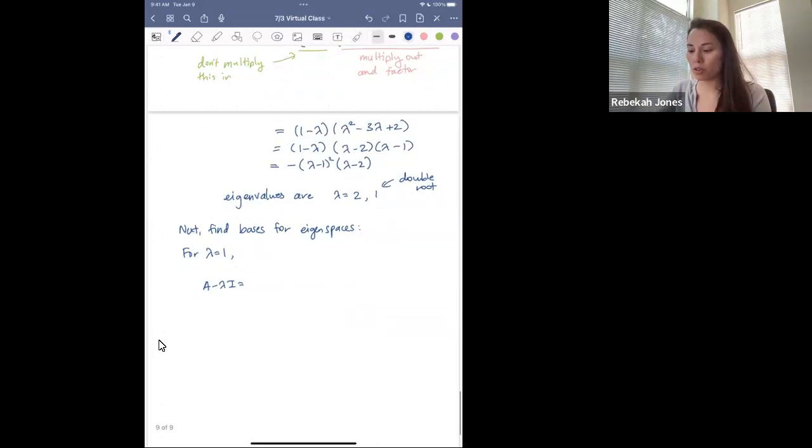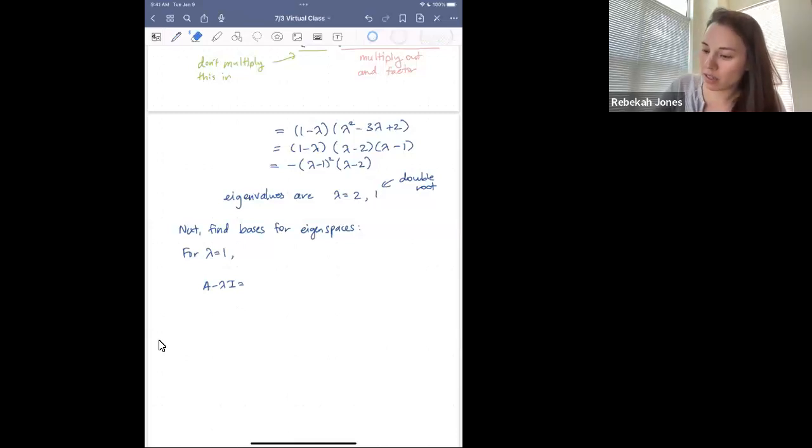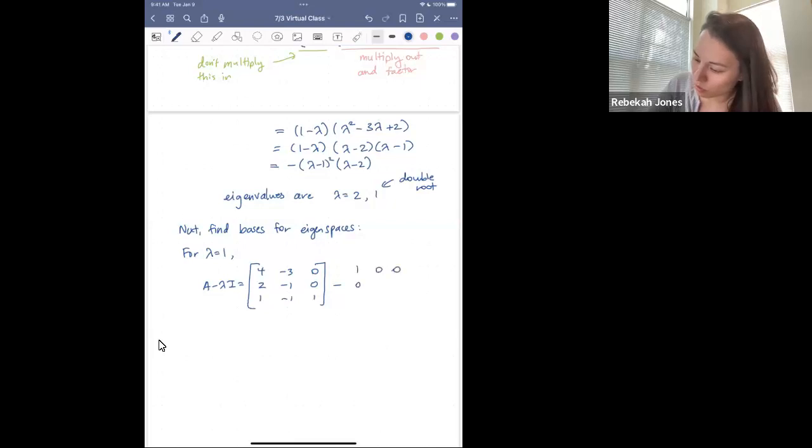So we want to solve the homogeneous equation for this matrix. So this is A minus lambda I. Let's copy down our A. That was this matrix here. And then if lambda is equal to 1, this is just 1 times the identity matrix.